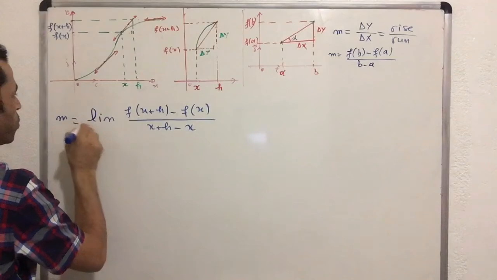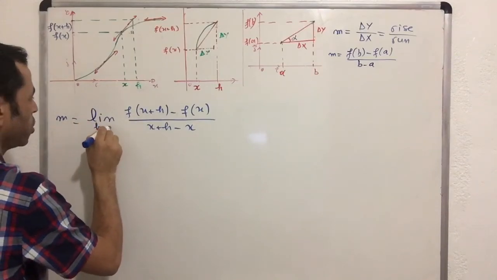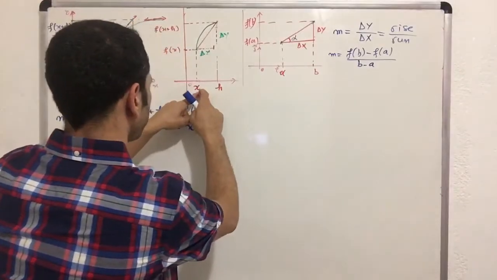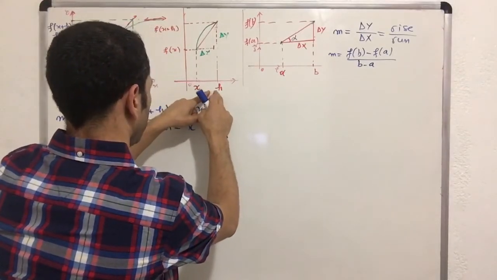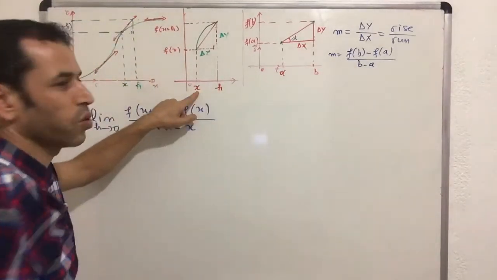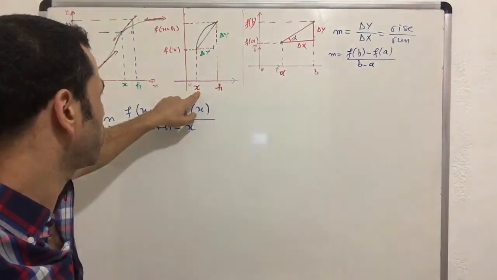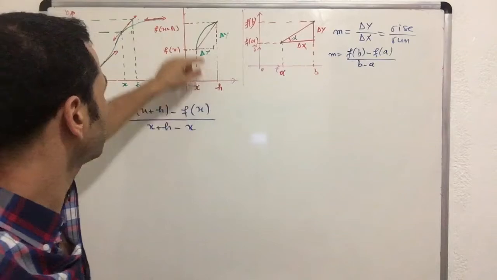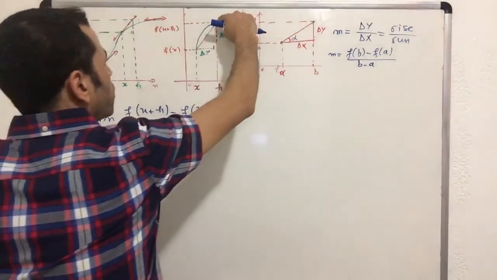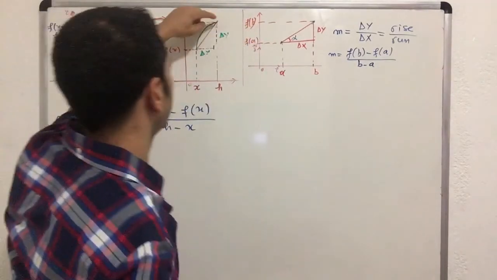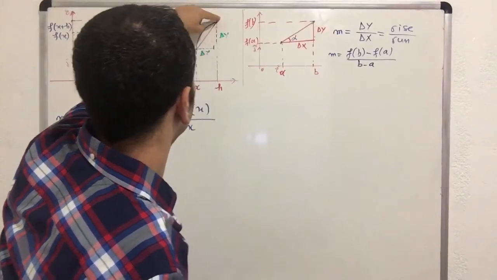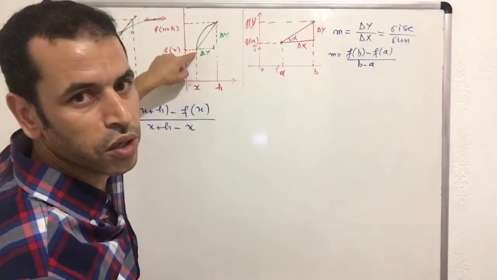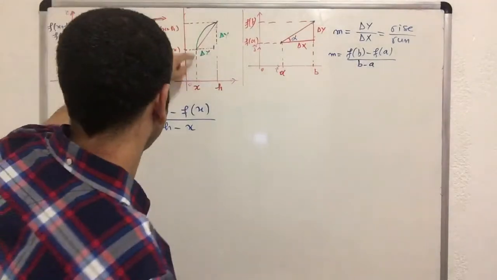So m equals the limit as h approaches 0. If h is approaching 0, that means x plus h is almost equal to x. That means the second point we have chosen becomes almost the same as the point where we want our derivative.